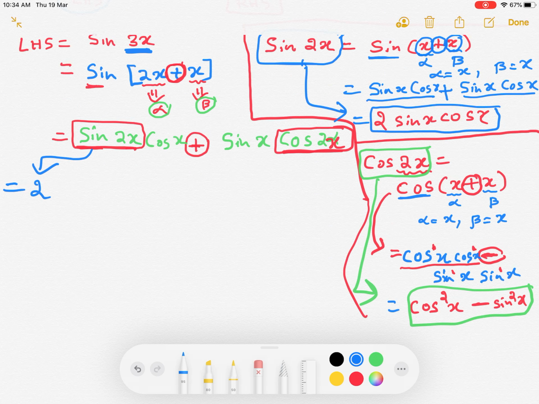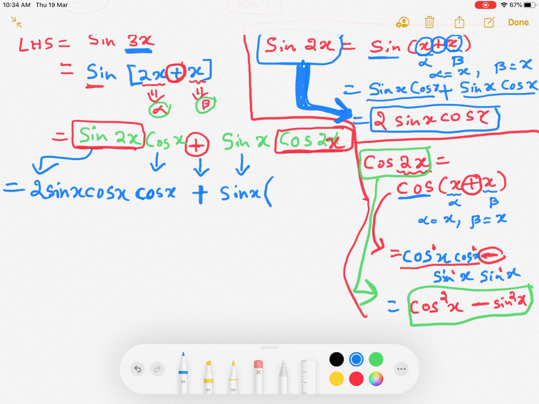Sine 2x is equal to 2 sine x cosine x. Write this cosine x as it is, cosine x, write the plus symbol, sine x into what is cosine 2x?